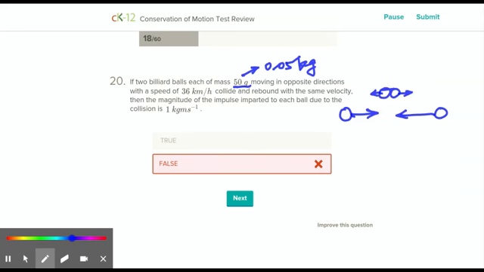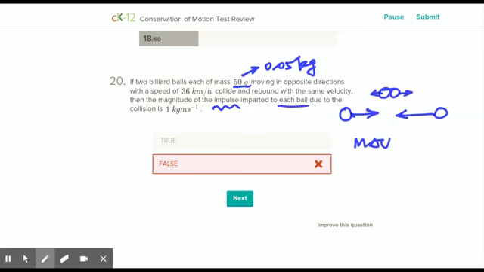Okay, this question, you have to pay attention to the actual question, right? The magnitude of the impulse is m delta v, imparted to each ball. I was going to calculate both balls, but each ball first. So m is 0.05 kilogram.